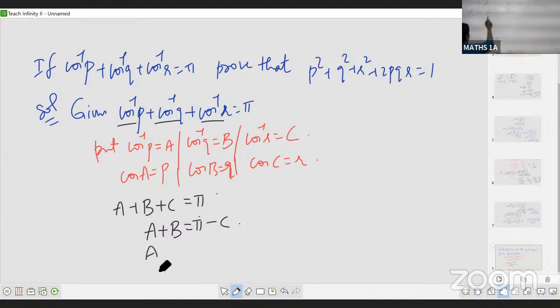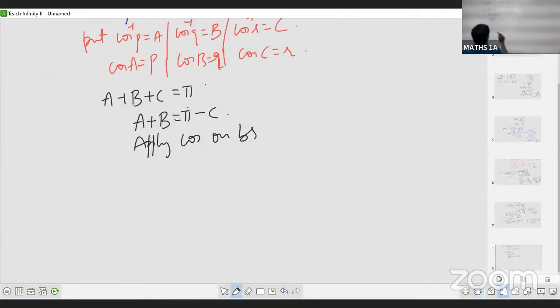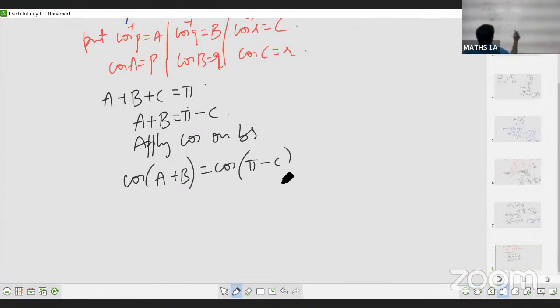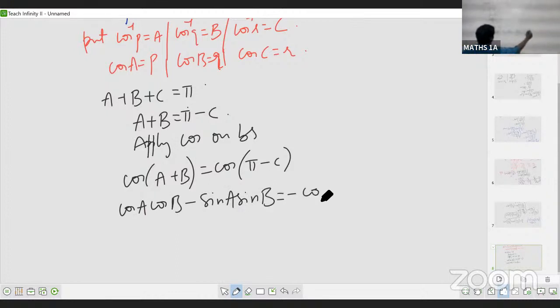Then apply cos on both sides. That is cos of A plus B equal to cos of π minus C. That is cos A cos B minus sin A sin B equal to minus cos C, since cos of 180 minus theta is minus cos theta.